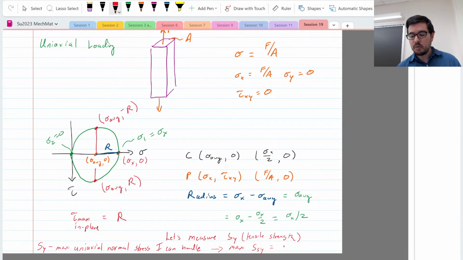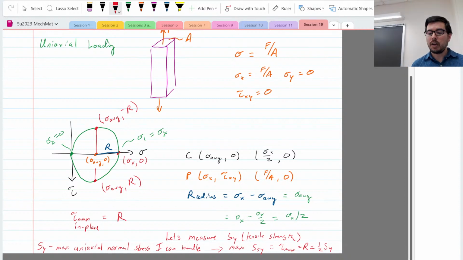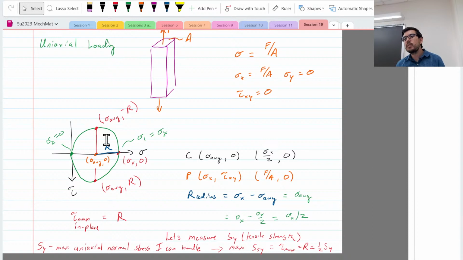That's going to be equal to this tau max, the R, which is equal to 1/2 SY. Because remember I had sigma x out here, and then I said I could only get to a tau of sigma average. So just by using Mohr's circle in these transformations, we're able to figure out some of these relationships between what you would expect for the case of pure shear when I've tested a material in uniaxial loading.